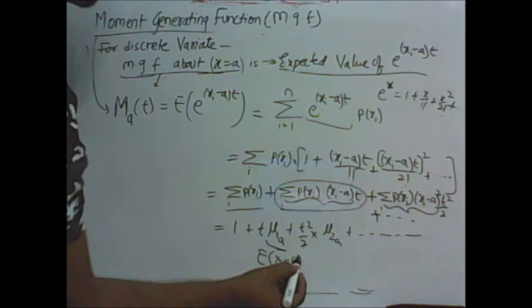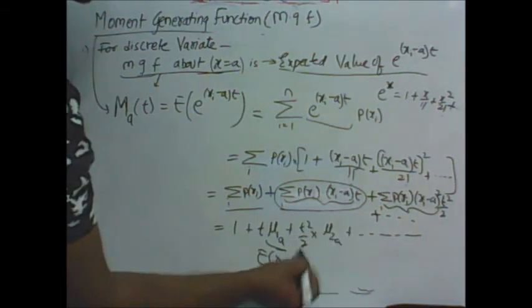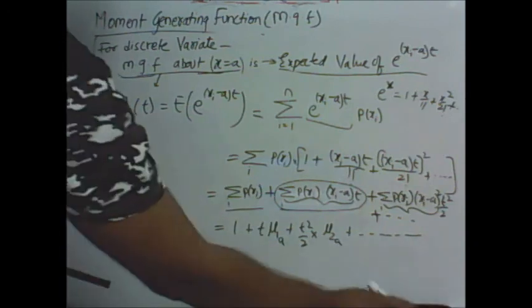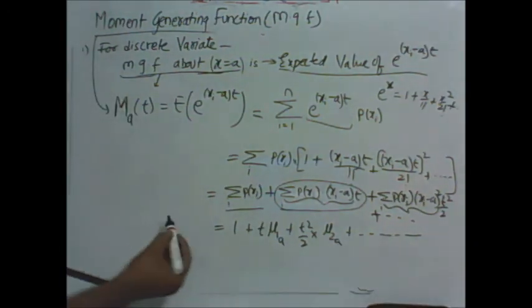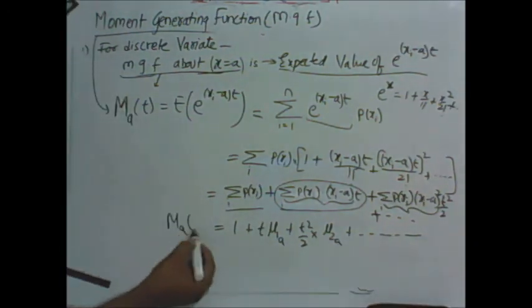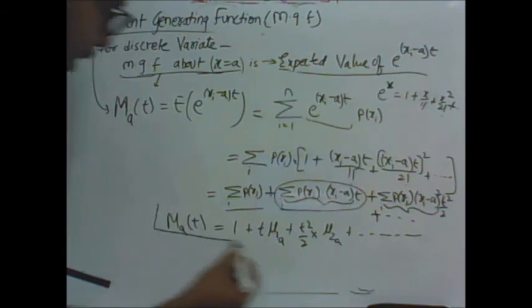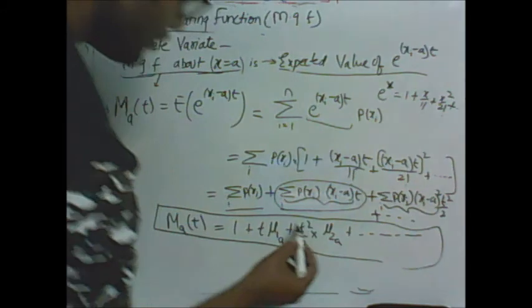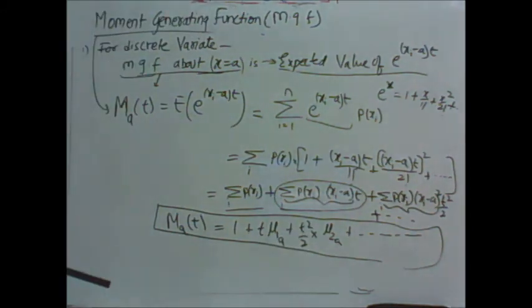First moment, second moment square, third moment cube, like that. So M_a of t we are getting as some function of t. Okay, so that is the answer.